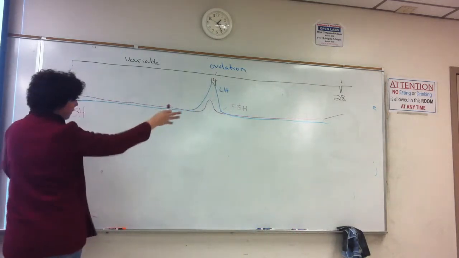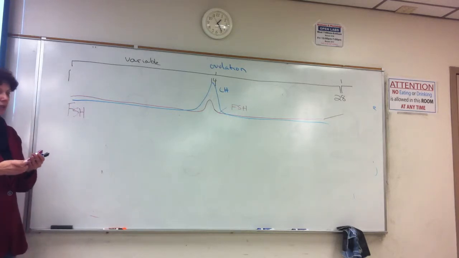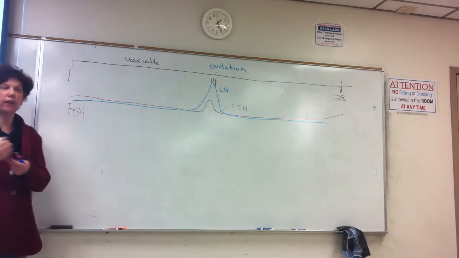So in response to this early FSH rising, we see the primary follicle changing to a secondary follicle and an antral follicle.